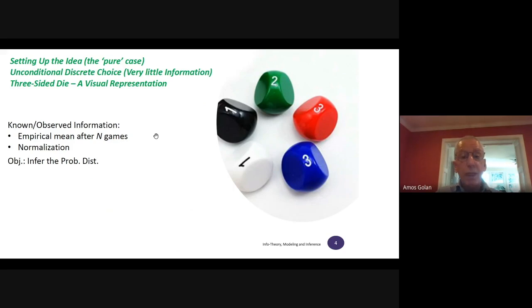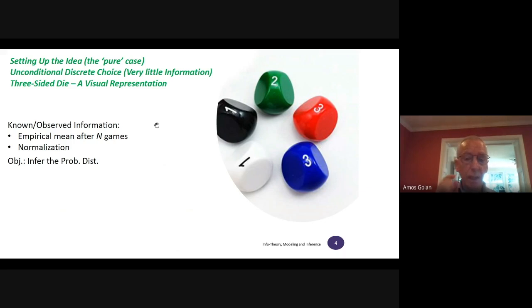So now I want to demonstrate the idea in the simplest dimension that I can, also a dimension where I can put pictures. Rather than a six-sided die, which is hard to draw, think of a three-sided die, and you play the three-sided die a number of games, let's say n games.